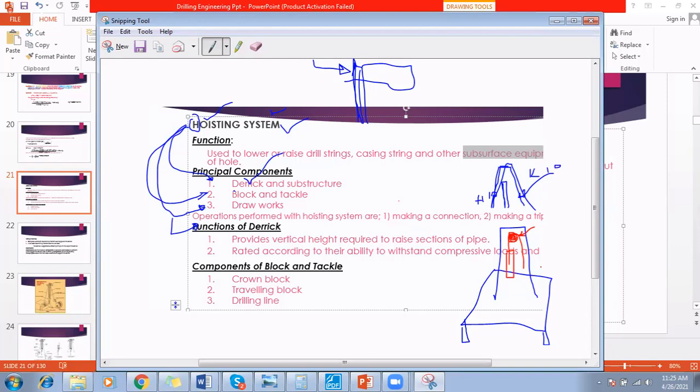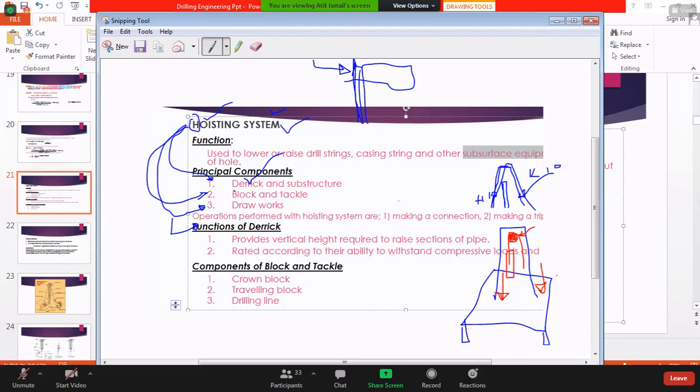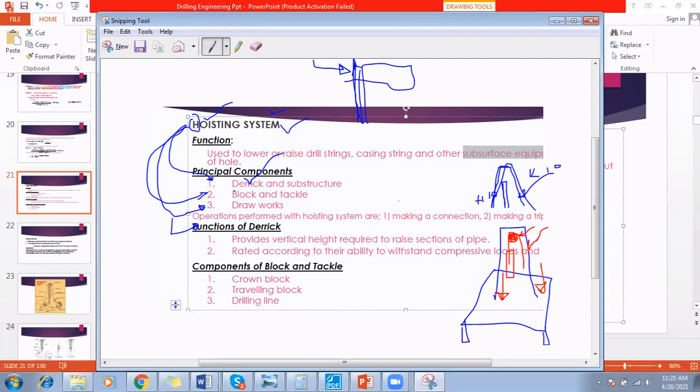You will see that this whole load will act downward. So as a result, the compressive forces will be exerted on this derrick.